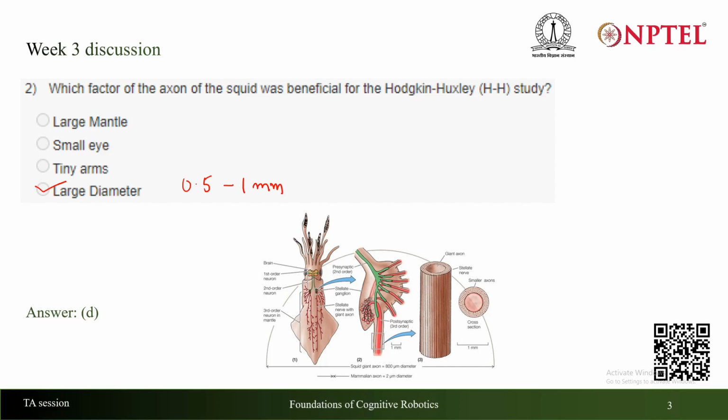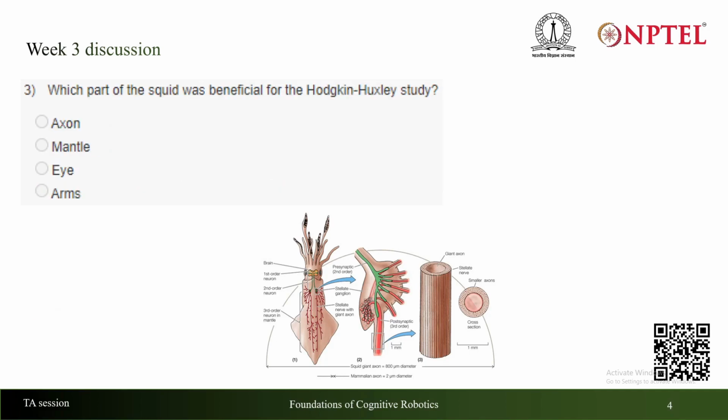This axon helps in contraction of the mantle of the squid when it is escaping a predator, so it plays a very important role in the reflex action of the squid. Coming to the third question: which part of the squid was beneficial for the Hodgkin-Huxley study? As we discussed, it was the axon that they studied, and how the action potential was initiated and propagated.